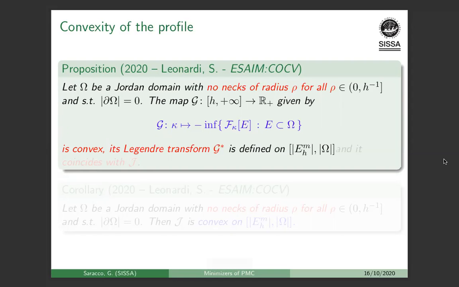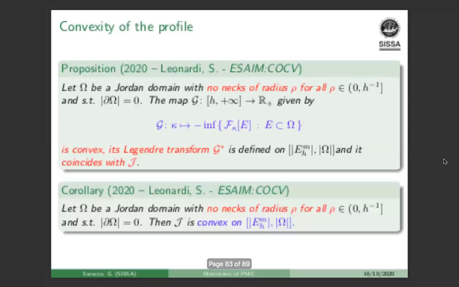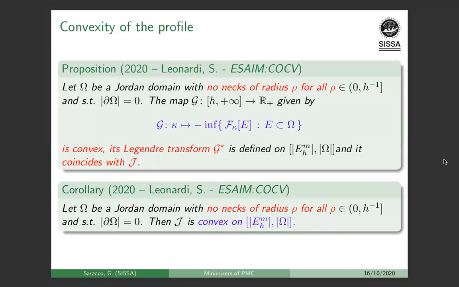So its Legendre transform is well defined on the range of volumes from the volume of the minimal Cheeger set up to the volume of omega. And what is really interesting is that this Legendre transform coincides with the isoperimetric profile on such an interval. And since the Legendre transform maps convex functions to convex functions, you can prove that for this class of sets, the isoperimetric profile is convex in that range of volumes.